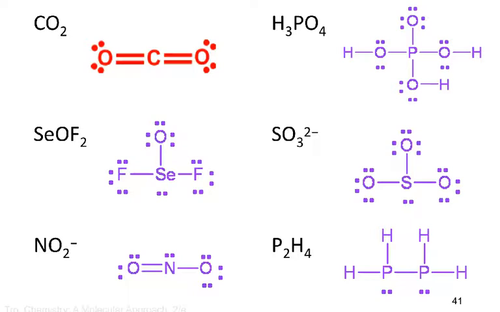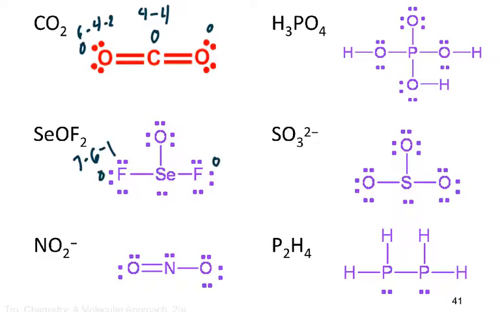So here my carbon came with 4 minus the 4 in the bonds gets me a formal charge of 0. My oxygen, 6 minus 4 minus 2 is 0. Same for that one. My fluorine here came with 7 minus the 6 in the lone pairs minus half of the bond. Gets me a formal charge of 0.